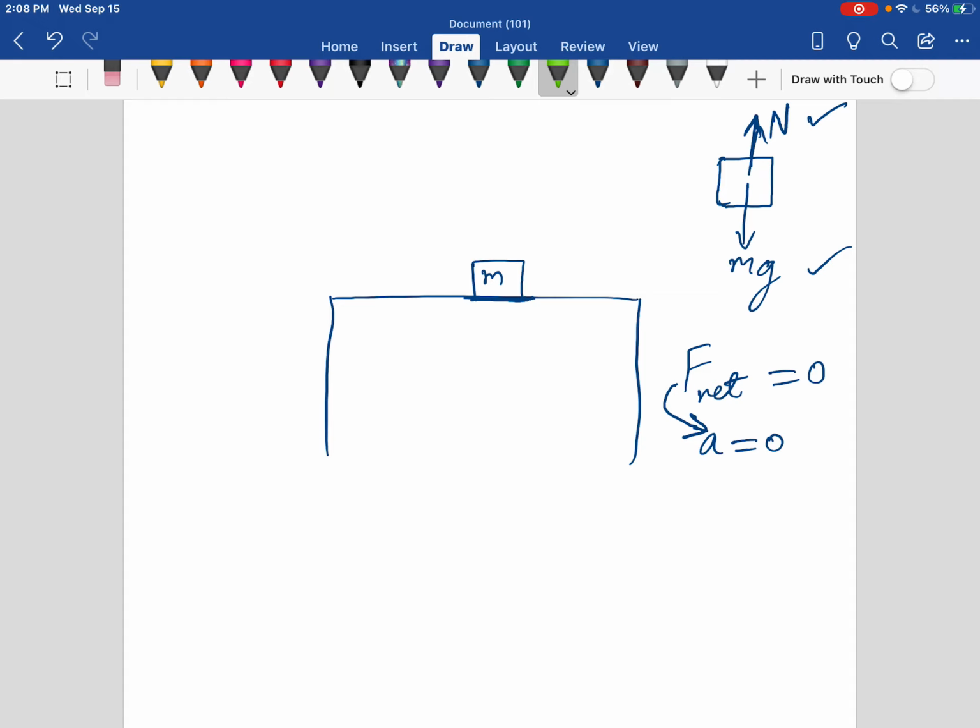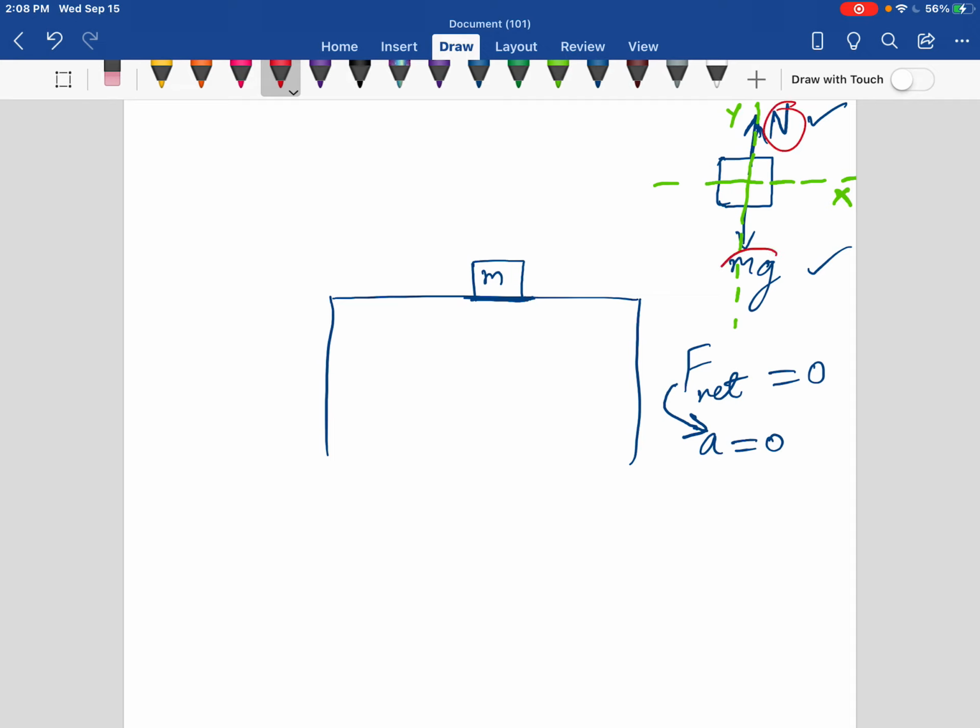Now, because this is vertical, let's call this the y-axis. Let's imagine a horizontal line here, call it the x-axis. Okay, we have y-axis, we have x-axis. Now, for y-axis, there are two forces acting in the y direction, right?